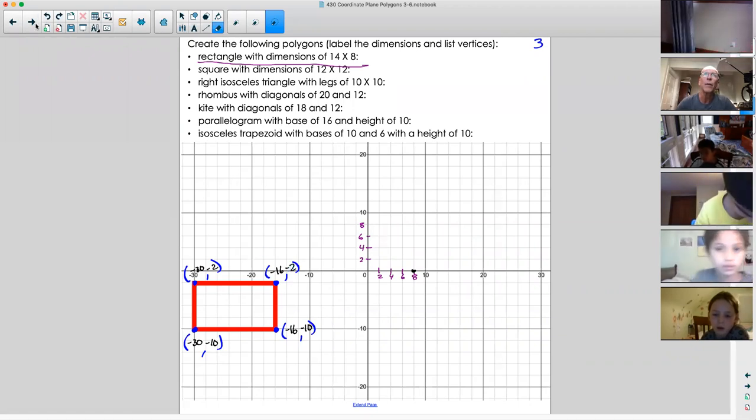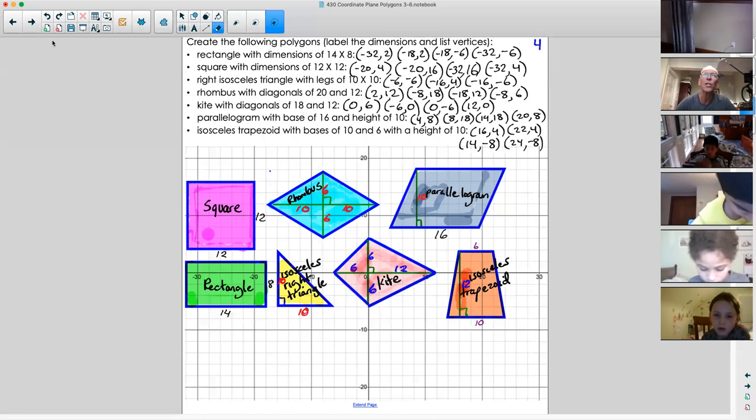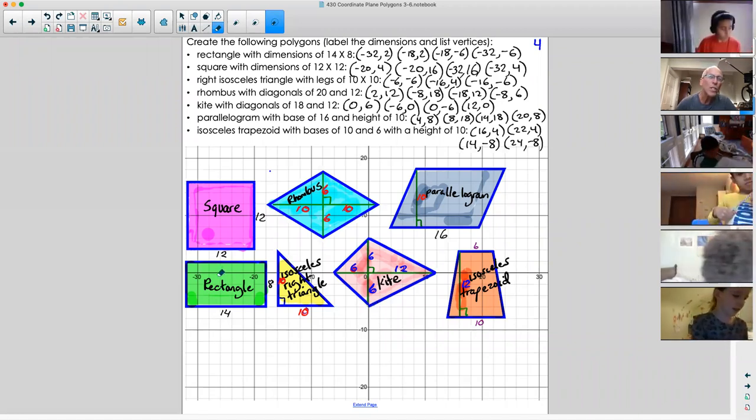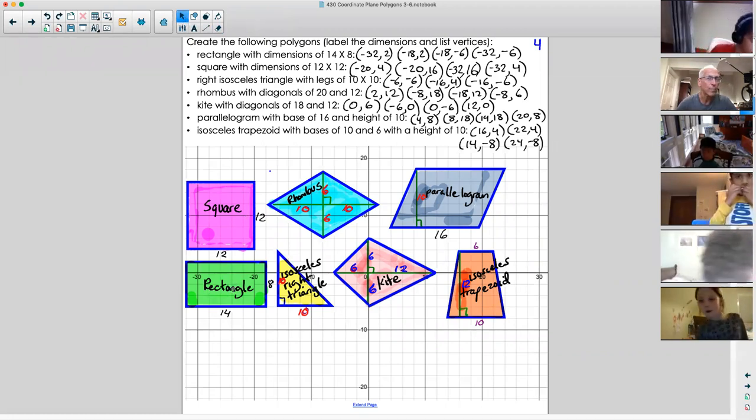Okay, guys, now everybody do me a favor and go to page 4. And I want you to tell me which one of these is your favorite shape. So I'm going to first name the shapes and explain. The shape that we started with just now was, of course, a rectangle.